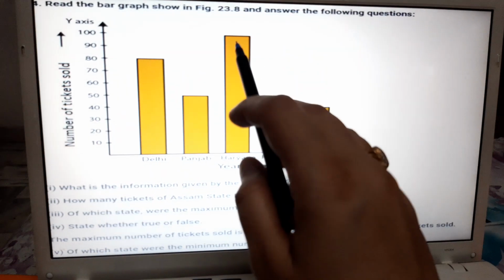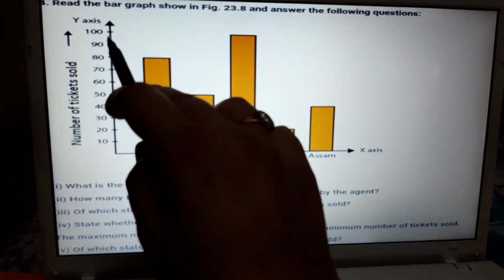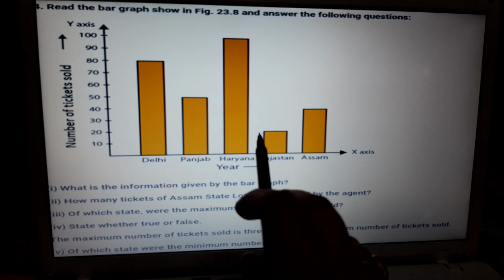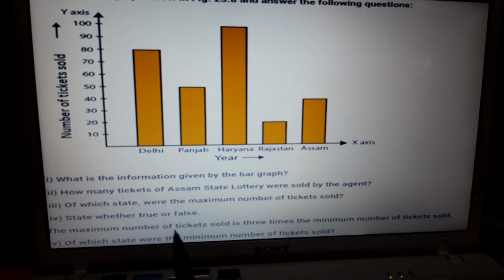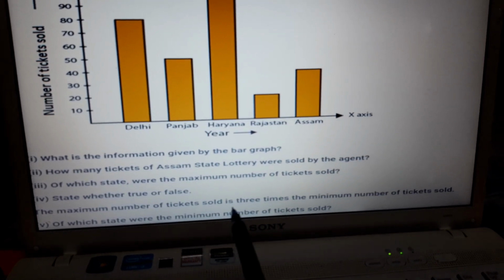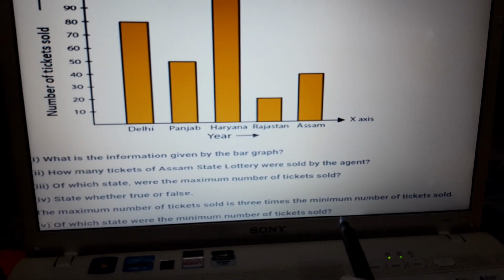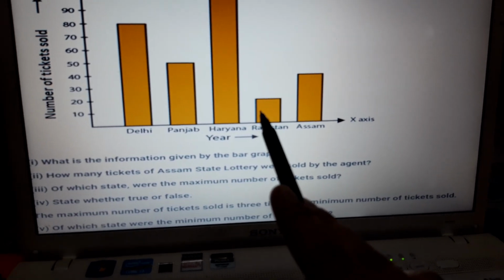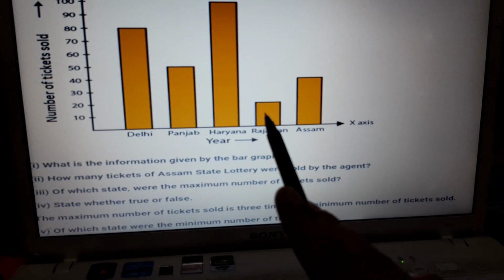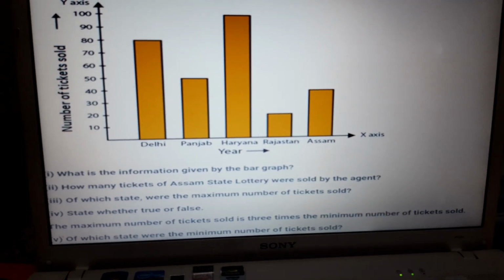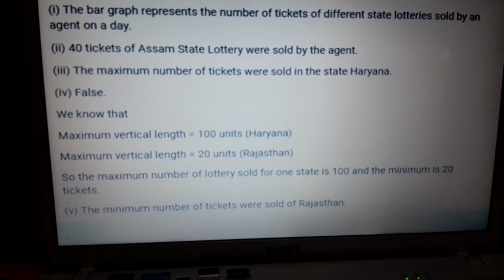Now the maximum number of tickets sold is 100. The minimum number of tickets sold is 20. They are asking the maximum number of tickets sold is 3 times the minimum number of tickets sold. Now minimum is 20, its 3 times will be 60. But the maximum is 100, so the statement is false.